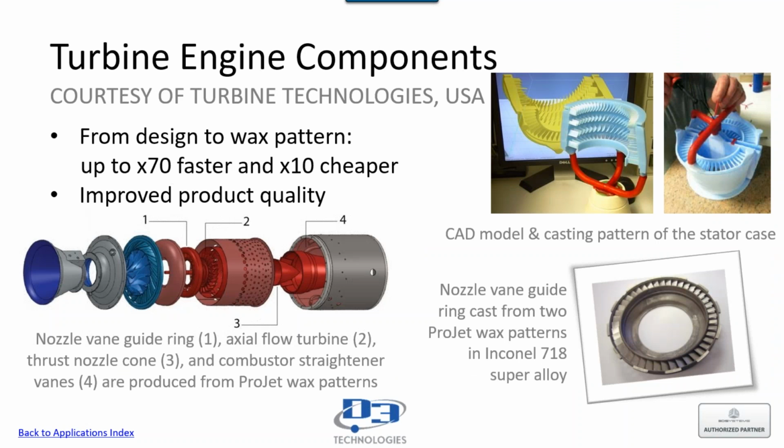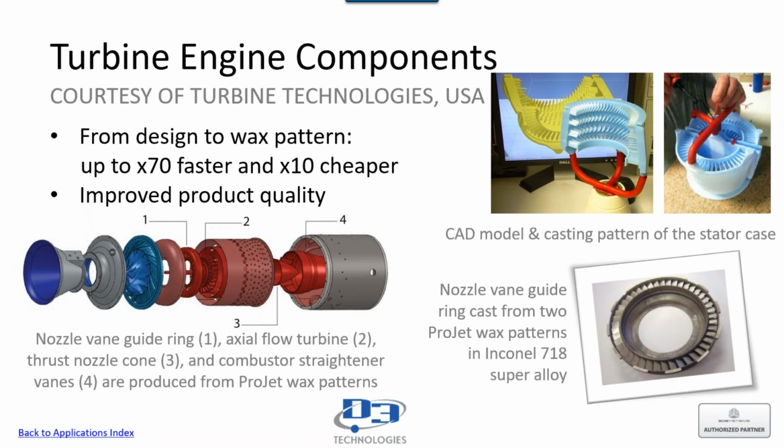This is another example of a company called Turbine Technologies, and they manufacture turbine components, of course. In their case, from design to wax pattern, they were able to go up to 70 times faster and about 10 times cheaper using the wax patterns.